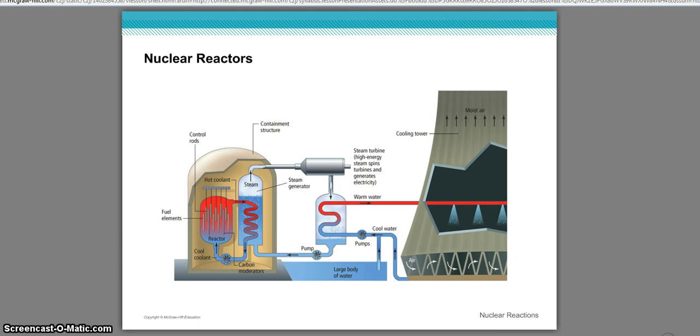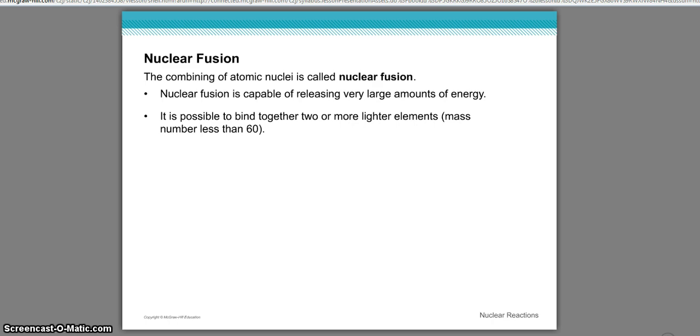Now, the last thing we want to look at is one more process that's called nuclear fusion. And it's kind of the opposite of fission. Fusion means bringing things together. So nuclear fusion is the combining of atomic nuclei, and it also produces a large amount of energy.